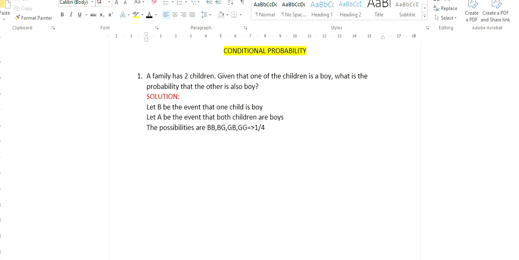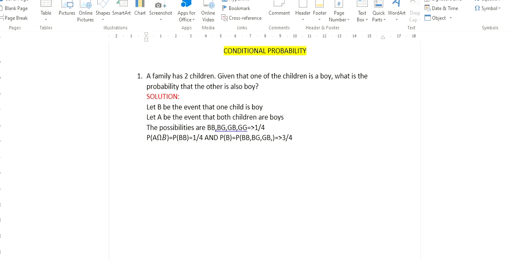Then apply the formula. Before that, let us assume the possibilities of the other being a boy. Both can be boys. One boy, one girl, one girl, one boy. So it could be 1 out of 4. Then what is the formula? Probability of A union B equals the probability of a boy.